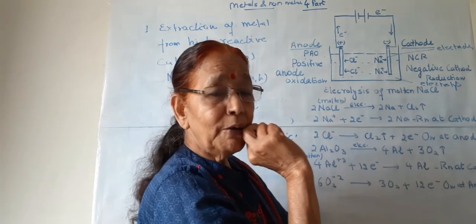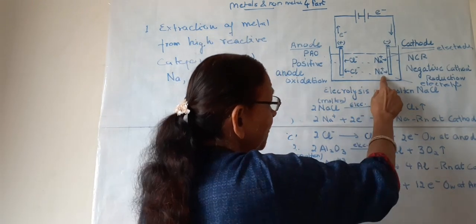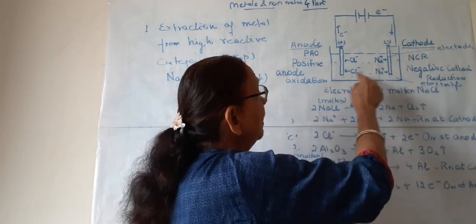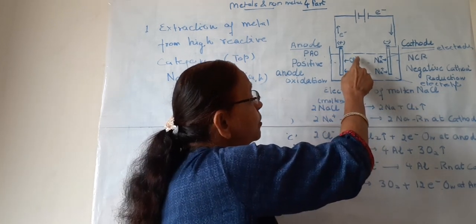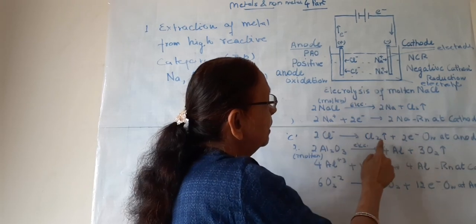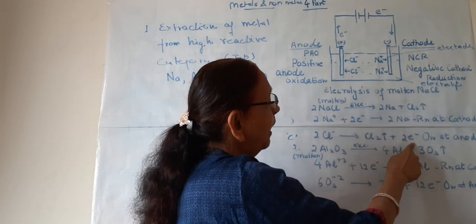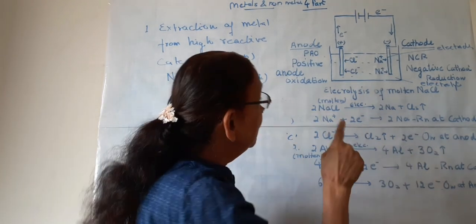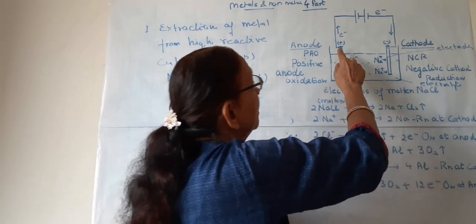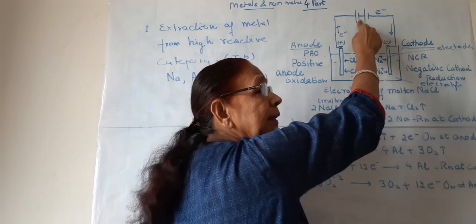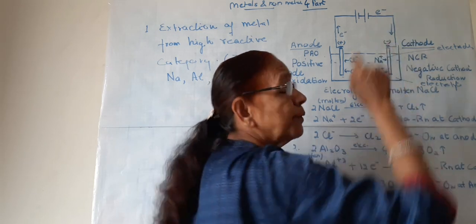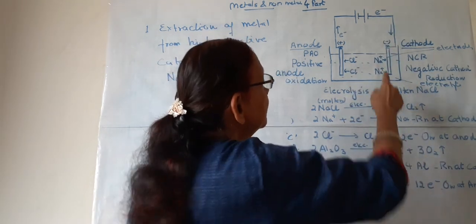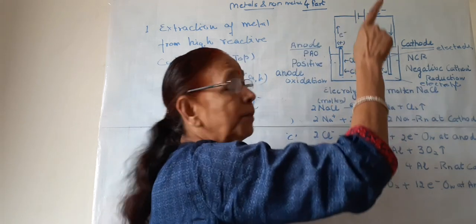Is it clear to all of you how these gain electrons and these lose electrons? By losing 1 electron each, chlorine gas is formed and 2 electrons are released at the anode. These 2 electrons enter the battery and are ready to come again to the cathode. In this way, the cycle is completed.